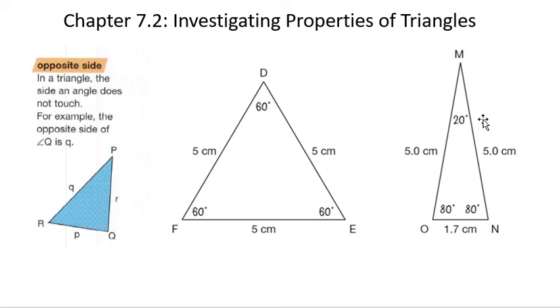The opposite is also true, or we call it the corollary. If I give you three angles, 20 degrees, 80 degrees, and 80 degrees, then I know that the smallest side length must be opposite the 20 degrees.